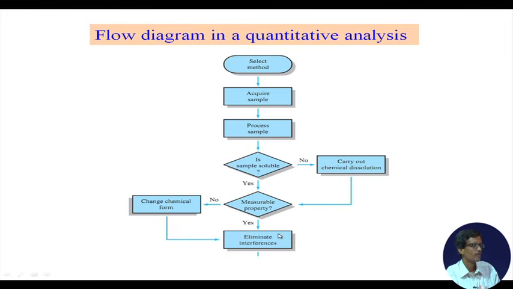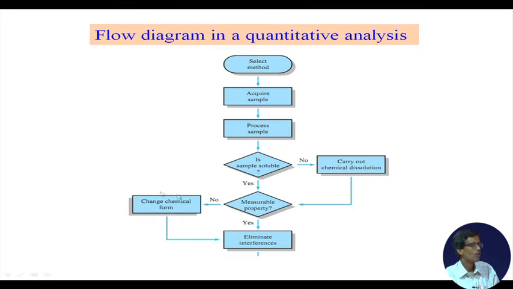But if we cannot have a measurable property by simple addition of DMG, as in this flow diagram, we change the corresponding chemical form. Suppose we are analyzing not nickel but some other element like aluminum present in some other source. So, your analyte contains some aluminum. If it is no for DMG, you change the chemical form. Aluminum will take some other reagent, which is 8-hydroxyquinoline, that we will discuss afterwards.